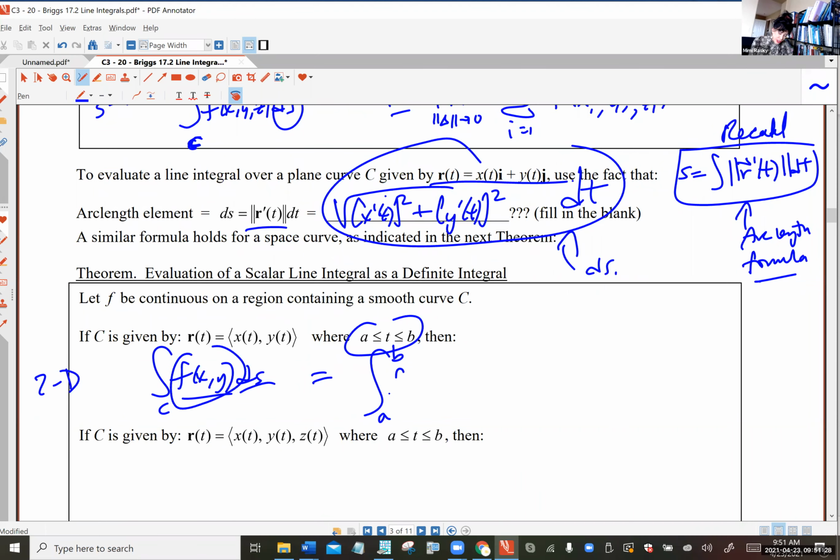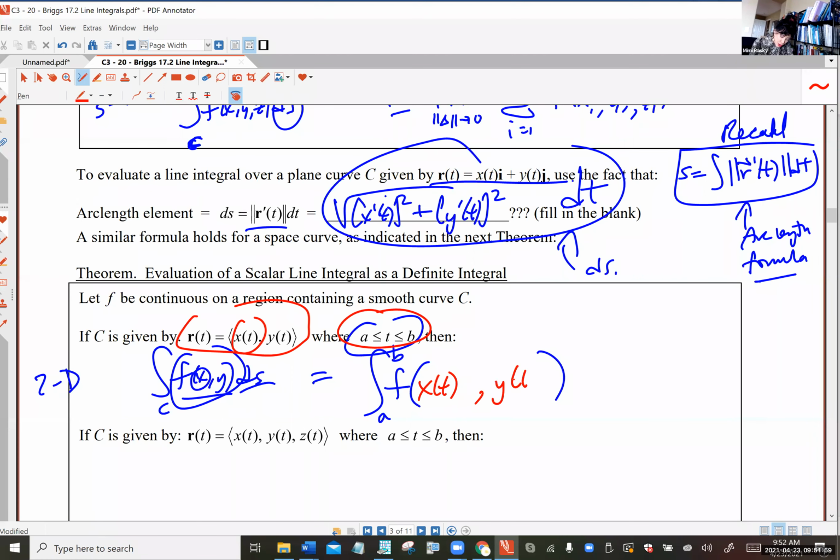The density function: everywhere you see an x, you're going to substitute in its place the x component from your vector valued function. So you have to have your curve parameterized. If the curve is not parameterized with a vector valued function, you've got to do that work and figure out the range of time also, like we did on that preparatory example. If they give it to you already, then half the work's done for you.